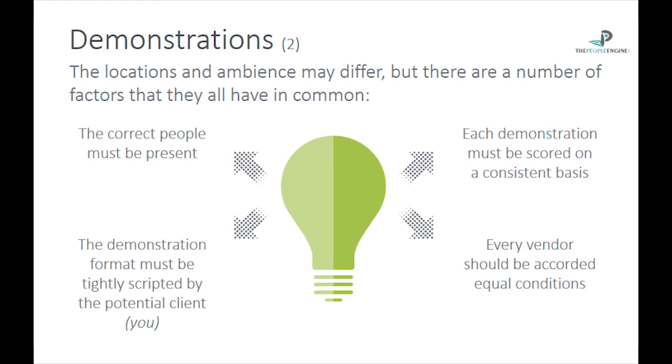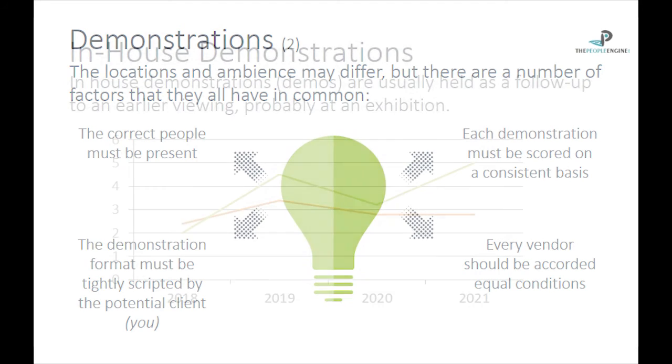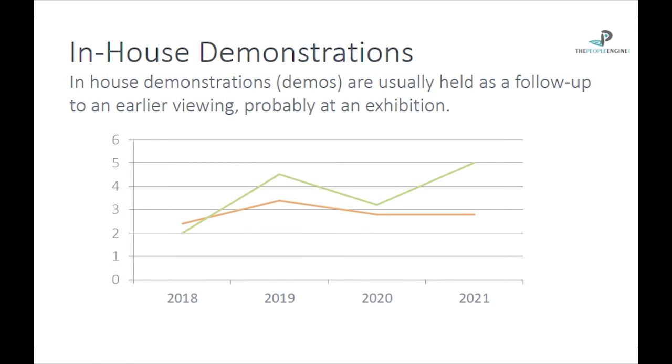In-house demonstrations are usually held as a follow-up to a previous discussion or viewing, maybe at a software exhibition or something like that. So the next step from meeting a vendor and looking at the product at an exhibition will be to invite them in-house to demonstrate.